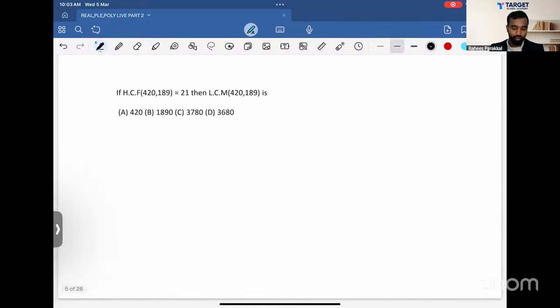Question number 2. If HCF of 420 and 189 is equal to 21, then find the LCM of 420 and 189. This question is on the basis of HCF and LCM is equal to A into B. Here LCM is asked.